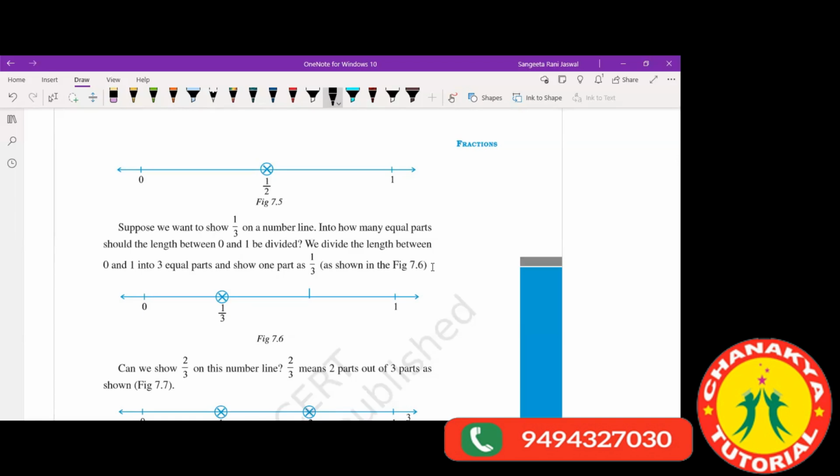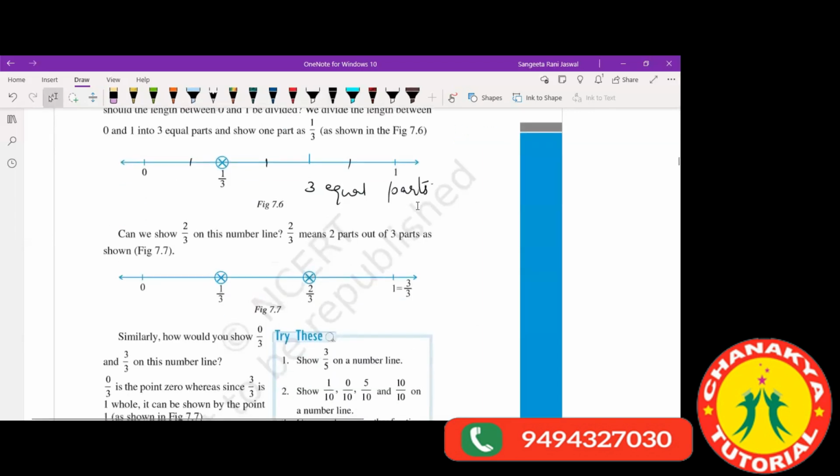So if you want to find the fraction 1/3 on the number line, into how many parts will you divide the line? 1 part, 2 parts, and 3 parts, into 3 equal parts. Similarly, if you want 1/4 or 2/4 or 3/4 on the number line, you will divide the unit into how many equal parts?